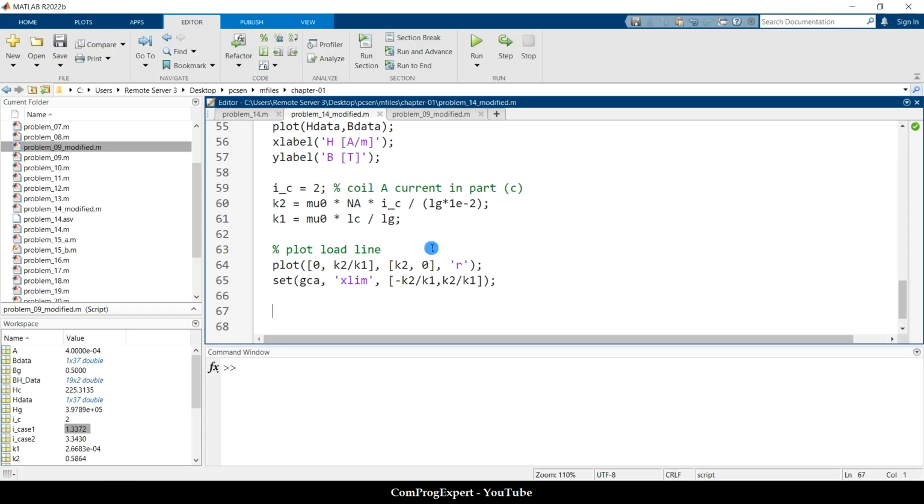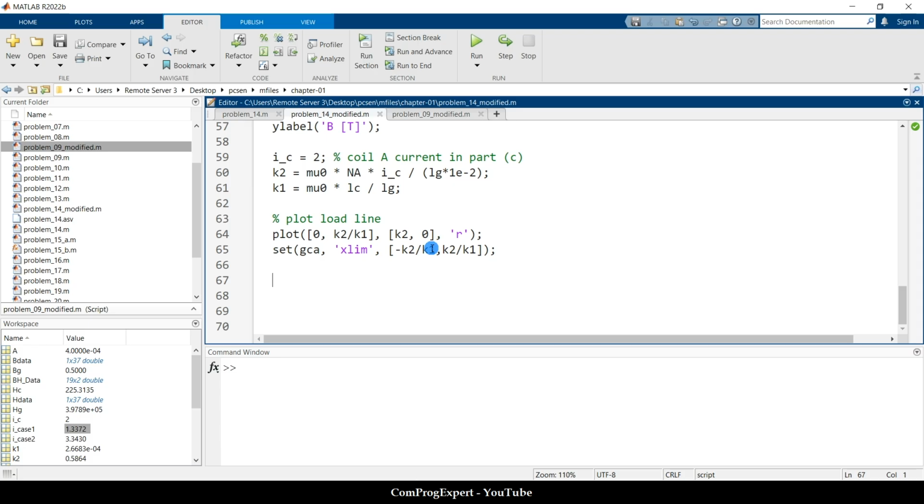So here I define this function, error FCN. The input is H. I call this an arbitrary H. So how can we write it? This is H star.